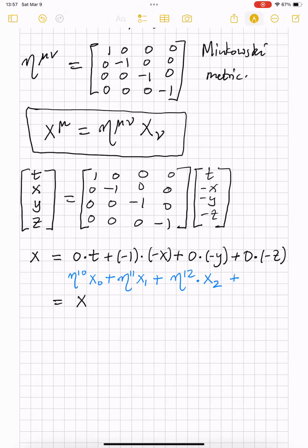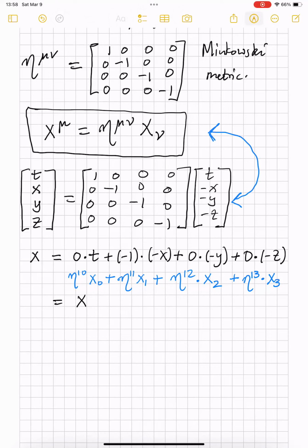And finally we've got the 0, which is eta row 1 column 3, and then minus z, the third covariant component of x. So what you can see is this matrix multiplication is indeed just the Einstein summation convention. I hope it's completely clear how this boxed equation can be rewritten as this matrix equation.